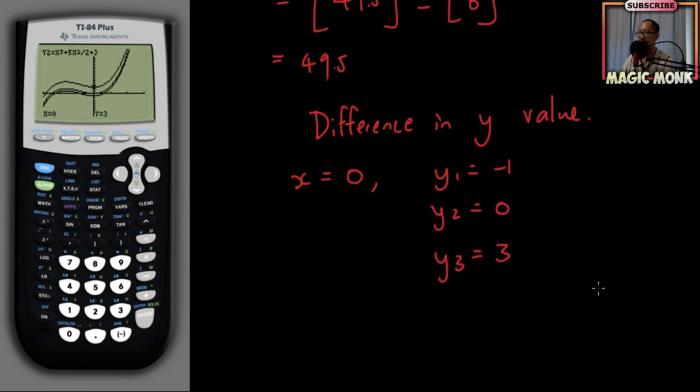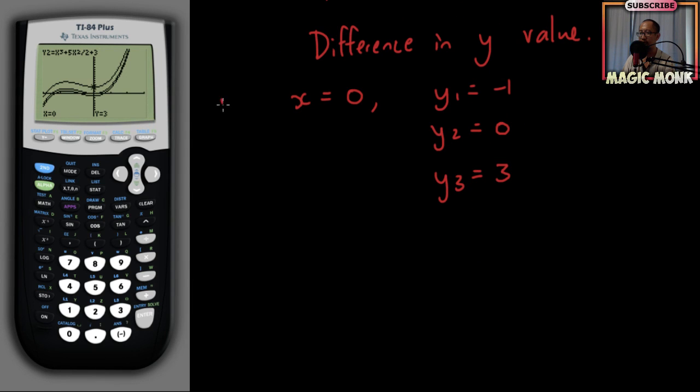Okay, and then let's go to when x is equal to 3. What are the y values? When x is equal to 3, let's go to the one at the bottom.